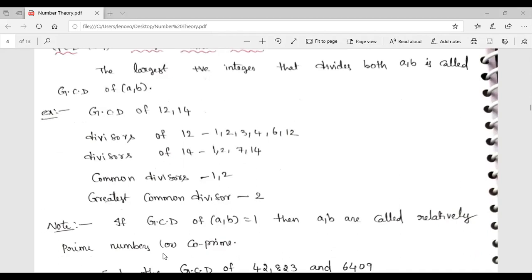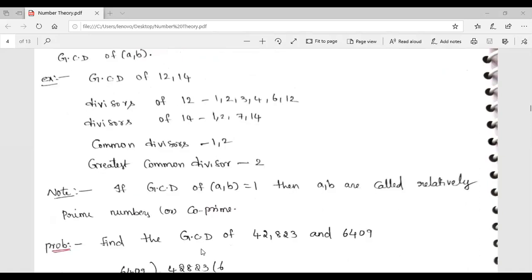So if the greatest common divisor of any two numbers is equal to 1, then the two numbers are called relatively prime numbers or co-prime numbers.